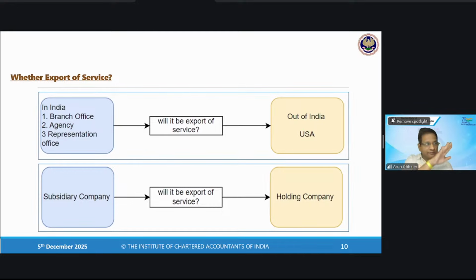So now the service provided by the back office KPO BPO to the holding company located out of India, will it also be treated as an establishment of distinct person that we have discussed right now? Or will it not fall in that category and continue to be treated as export of the service? Means fifth condition is satisfied. Means they are the establishment of the distinct person or they are not.